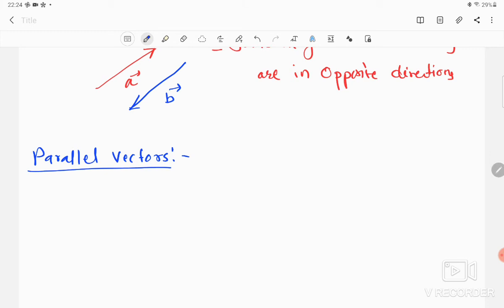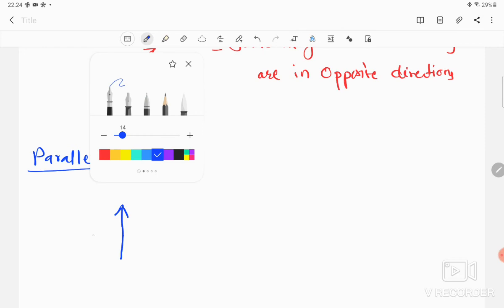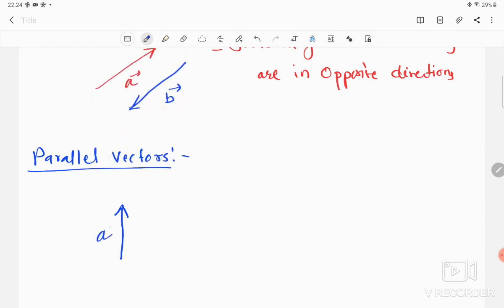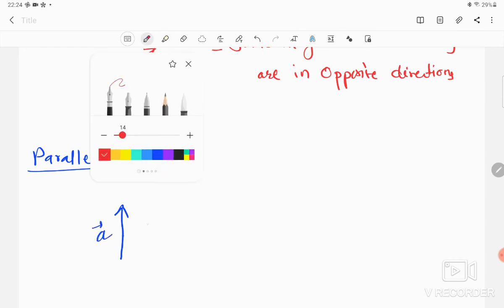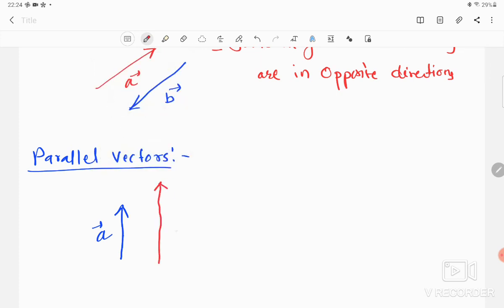Just like, this is one vector, say vector a bar, and this is another vector, say b bar. Now both a bar and b bar are parallel vectors because they have the same direction but not necessarily the same magnitude, because you can say that the b bar vector has a larger magnitude as compared to a bar.